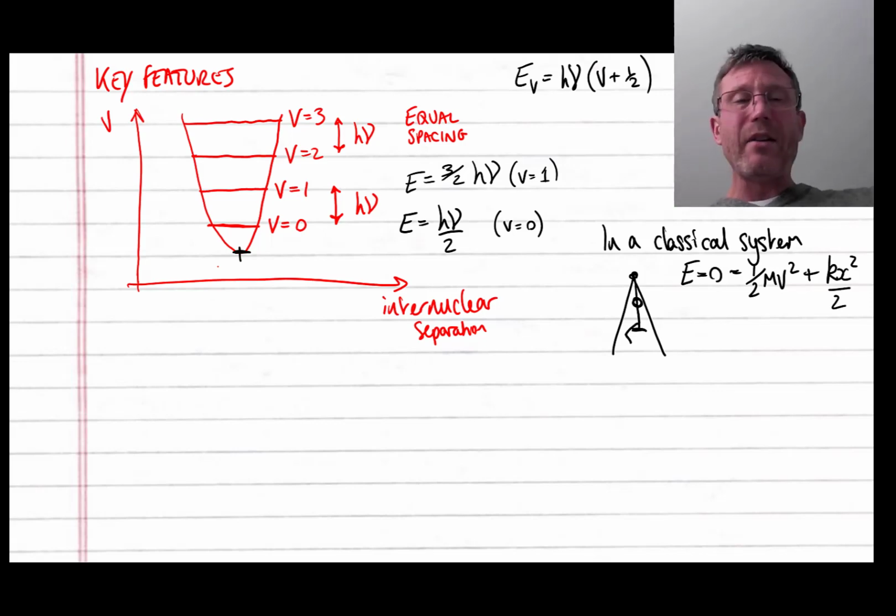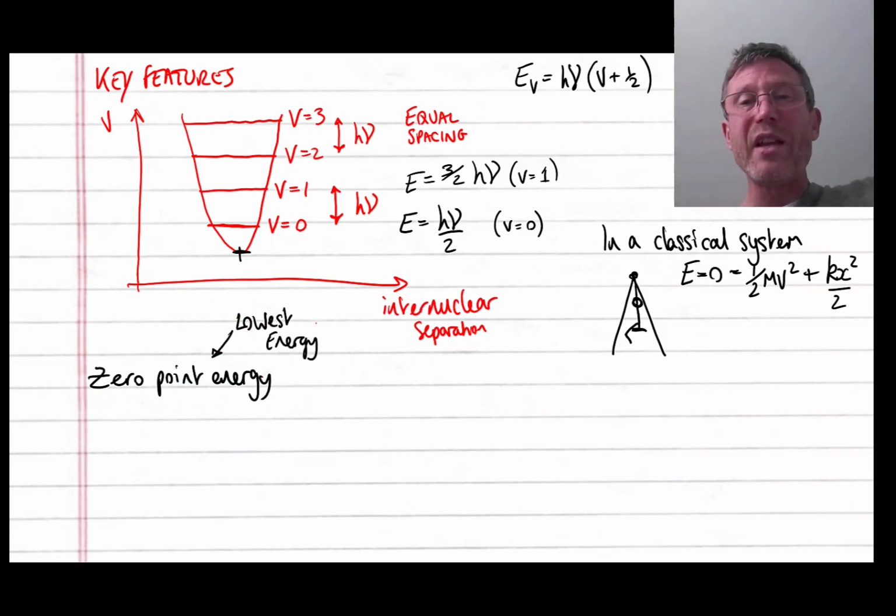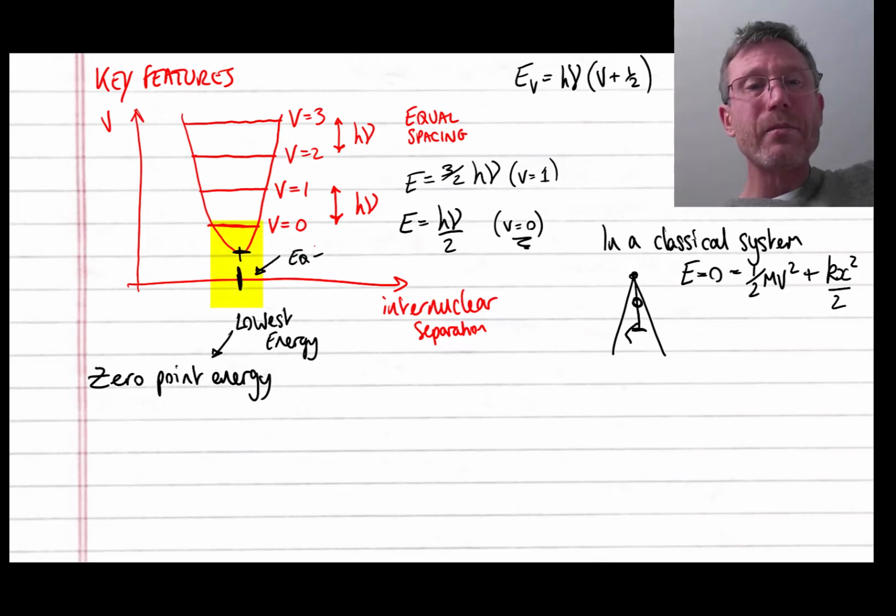The interesting thing in quantum mechanics is that the lowest energy, when V is equal to 0, is called the 0 point energy. That 0 point energy actually means that we're not at a rest position, so we're not at the equilibrium position.